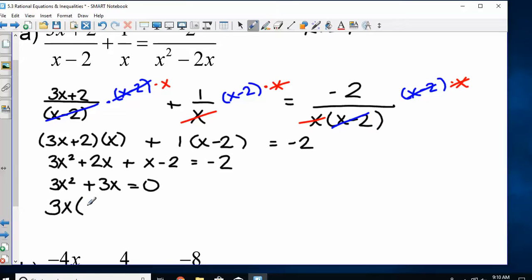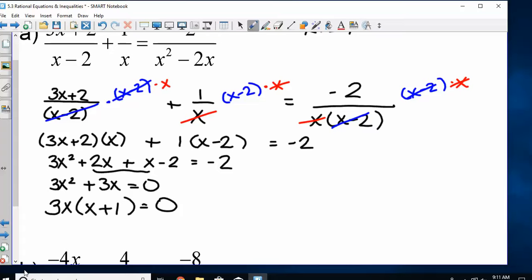And that leaves us with? Yeah. Why did we just forget that 1x after we canceled out? Oh yeah, okay, never mind. Okay. Set each of those equal to 0.